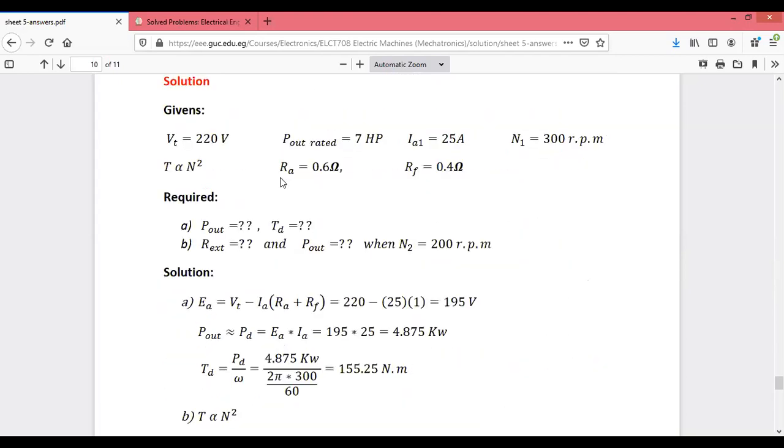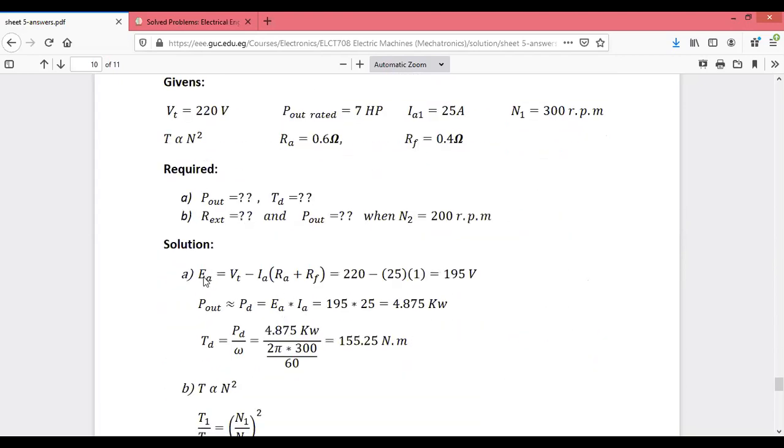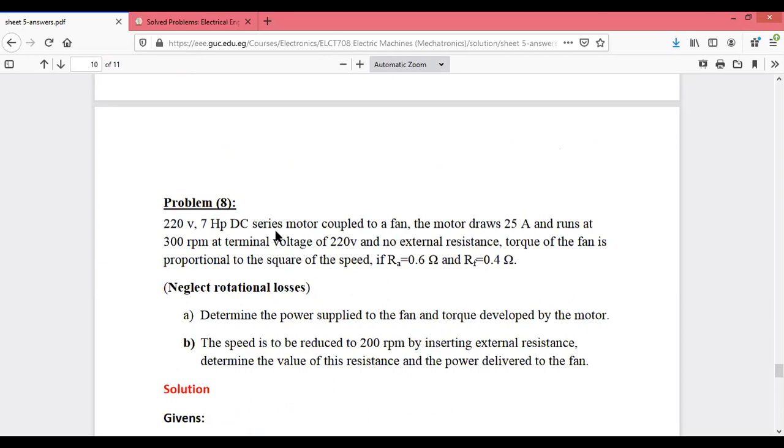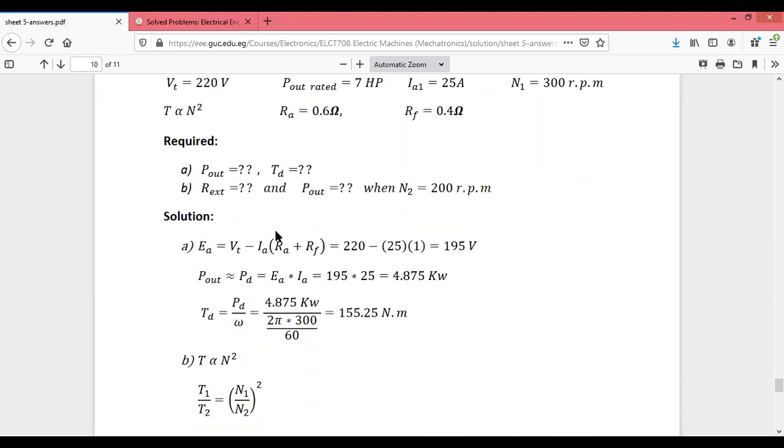When solving for back EMF EB, which is the armature EMF EA, the equation becomes V minus IA in bracket RA plus RF. Otherwise we take EA equal to VT minus IA RA, but why does the additional RF come here? Because this is a DC series motor, so we have to consider both resistors. All values are available, so if you put them in, you will get the value for EA.